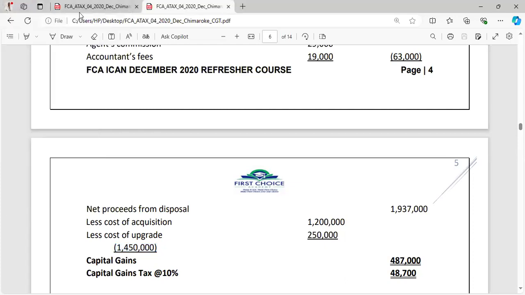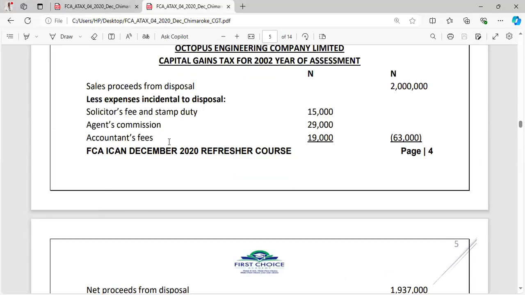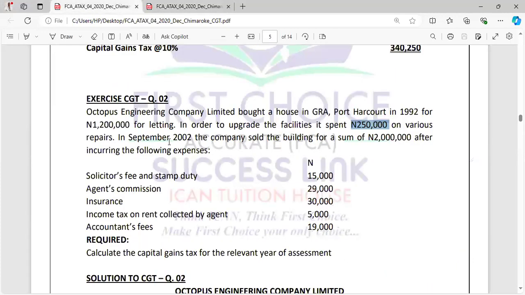So it is believed that we know how to do capital gains tax. How do we know that this scenario is scenario one? You see that the whole asset was disposed of in full. So once you see that the asset is disposed of in full, remember scenario one.